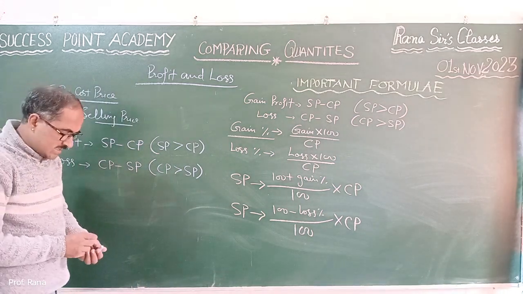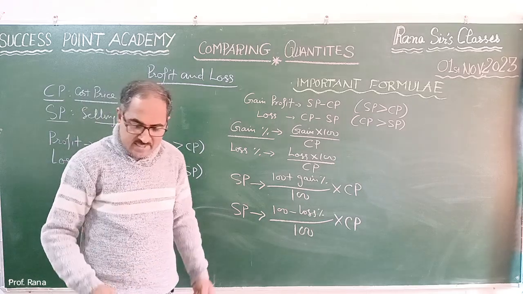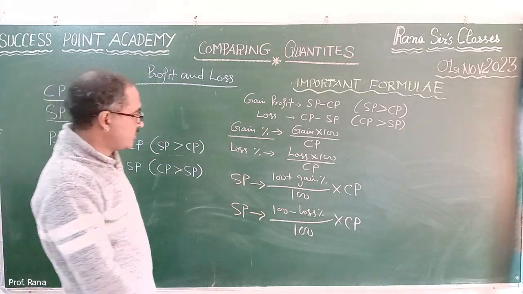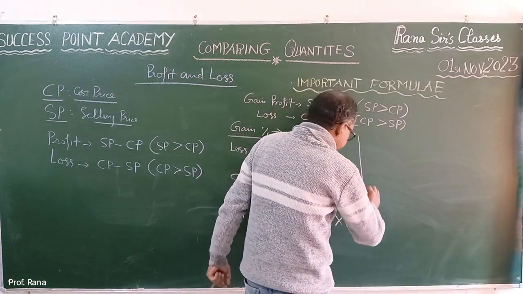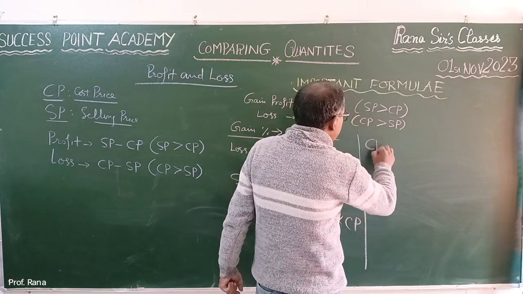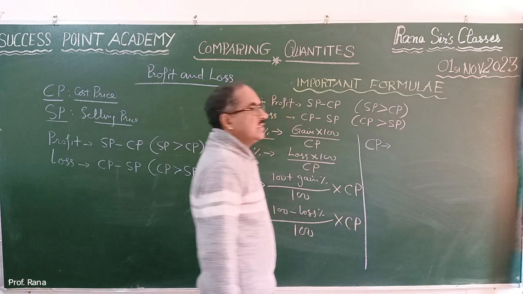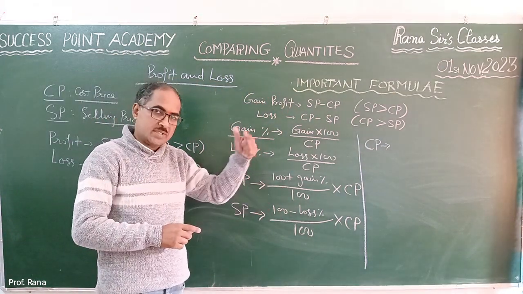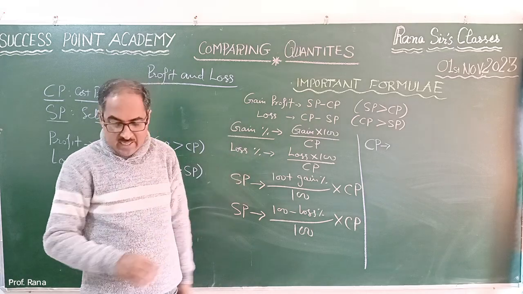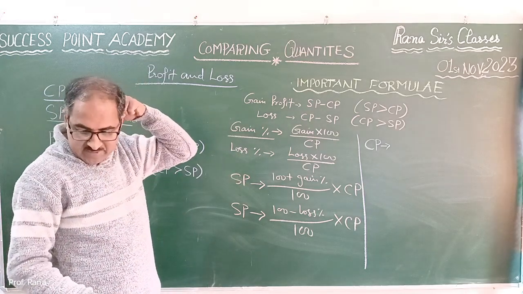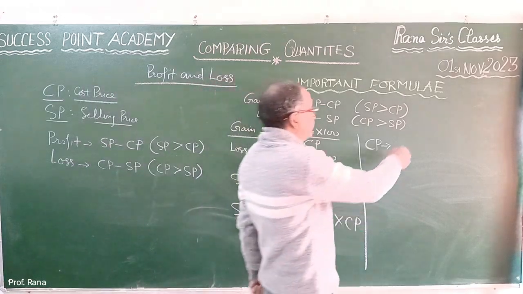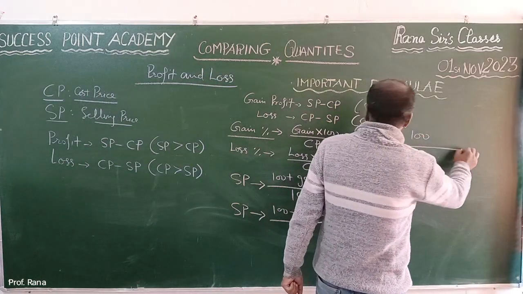Next condition is when the selling price and gain percentage are given, how will you calculate cost price? When the gain percentage and selling price are given and cost price is asked to find out, then you will write down 100 upon, right, note it.